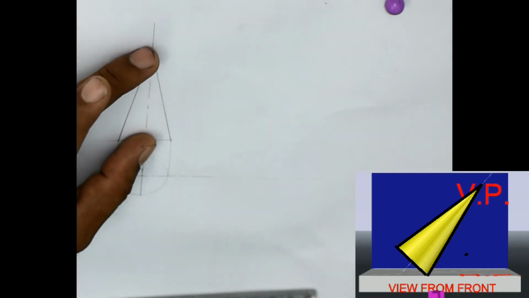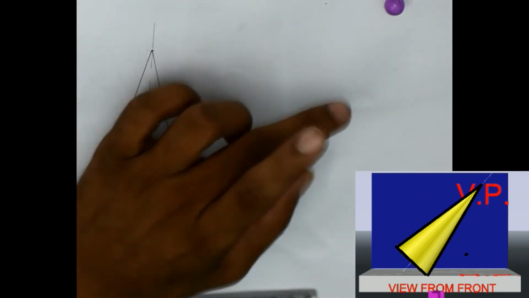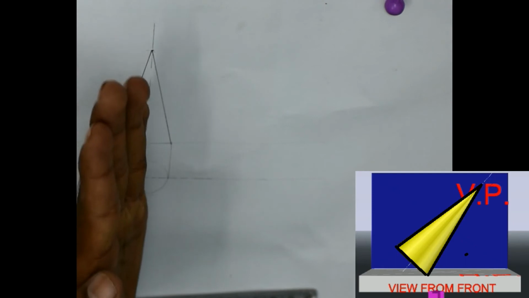Now I will start with the actual answer of this question, in which, as I have already explained, this cone is tilted at an angle of 30 degree. The axis is tilted at 30 degree to the HP. So I need to draw this cone once again here, but this time the axis should be inclined at 30 degree.